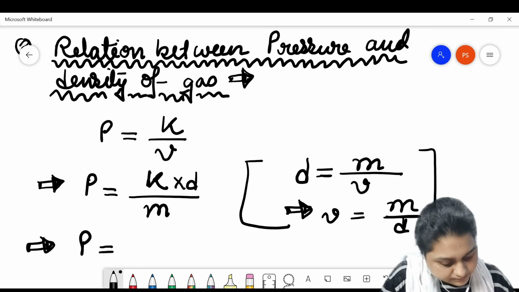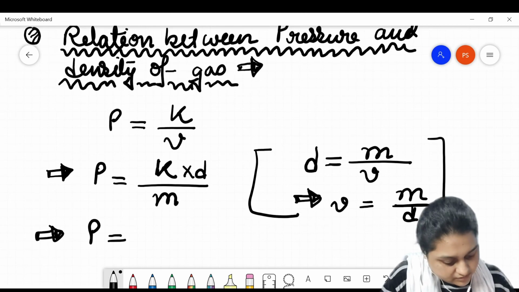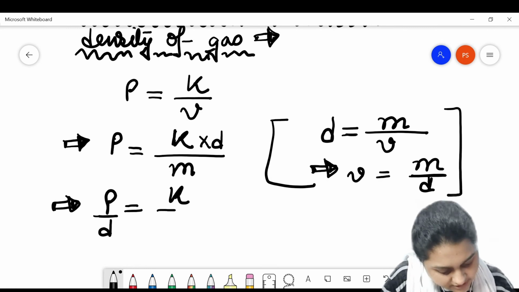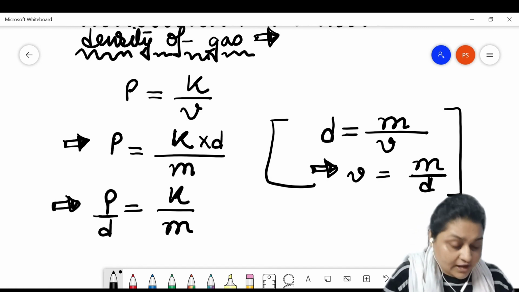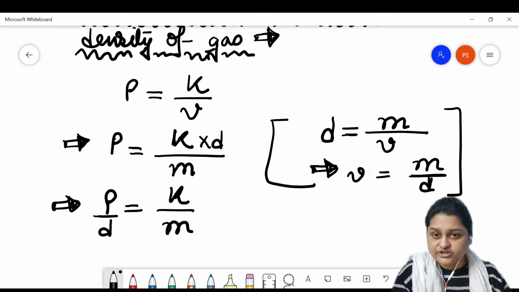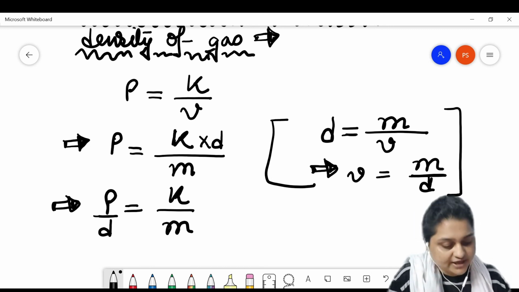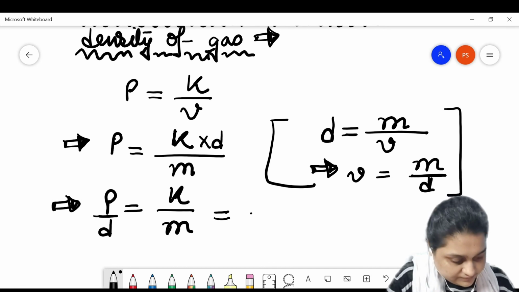I can write P by D equals to K by M. Now K is the proportionality constant, and for this observation the total mass is also constant. So K by M is constant.